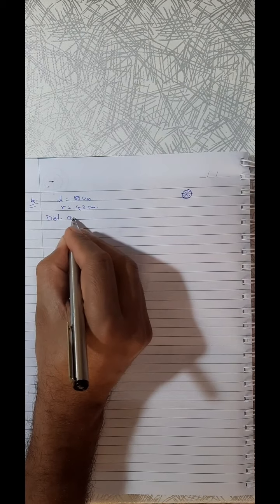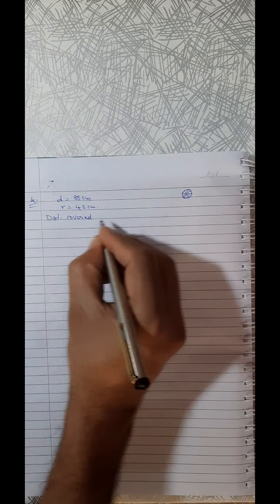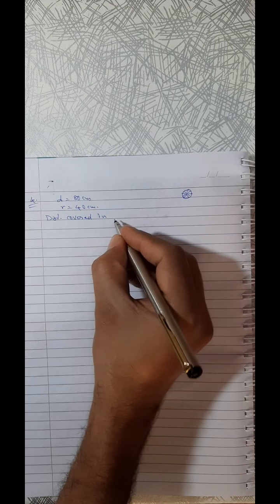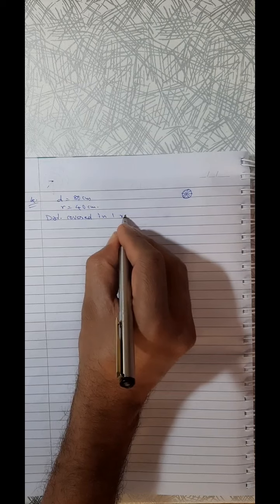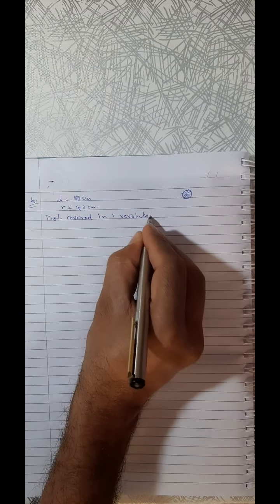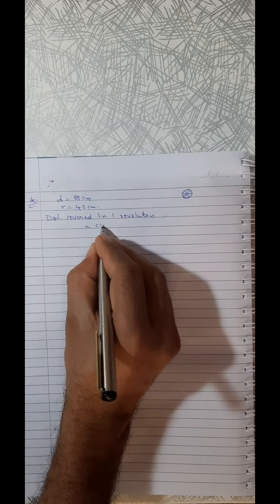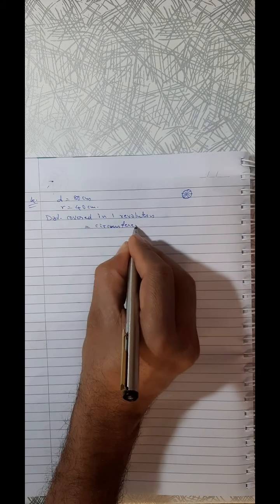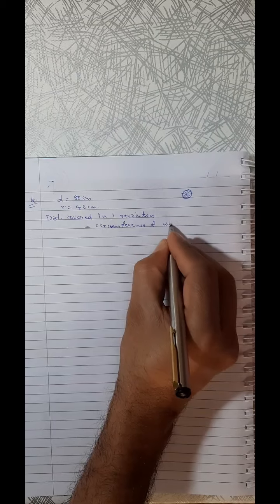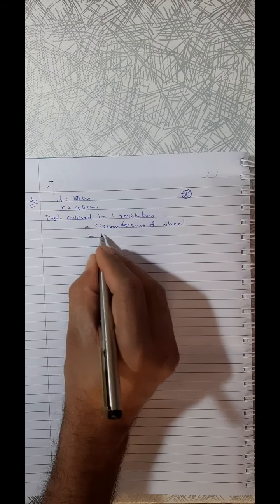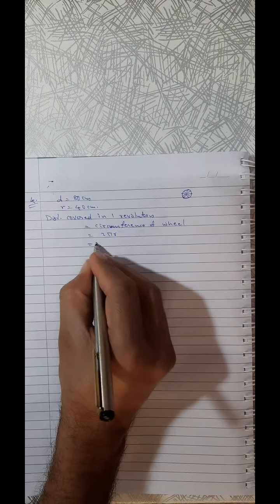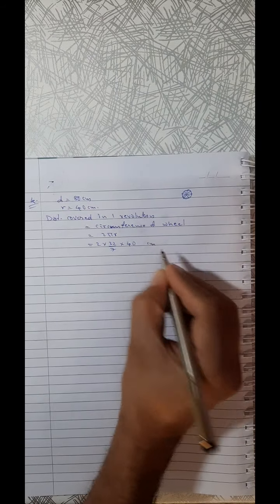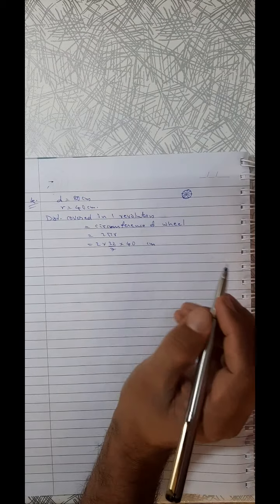Distance covered in one revolution, one rotation, is equal to the circumference of the wheel. That is 2 pi r. That is 2 into pi, 22 by 7, into 40. This much will be the distance covered in one revolution.